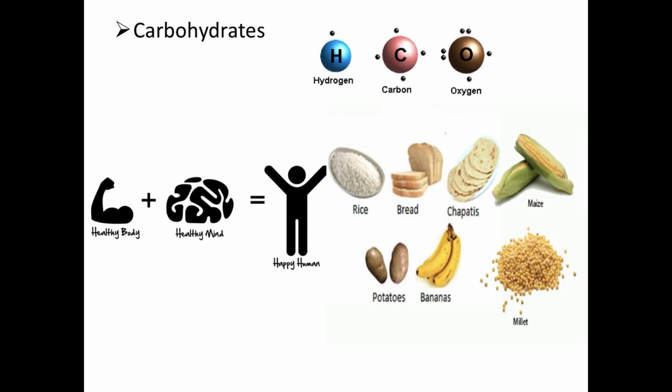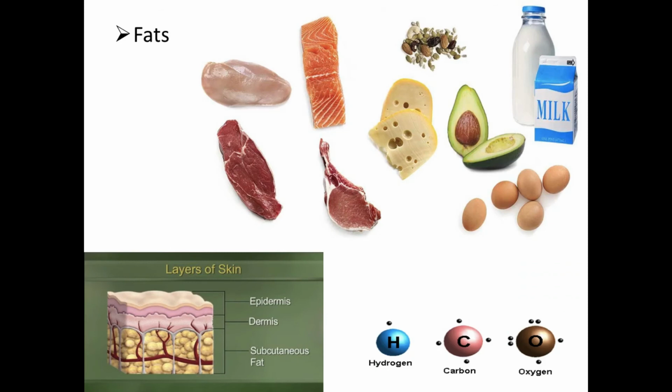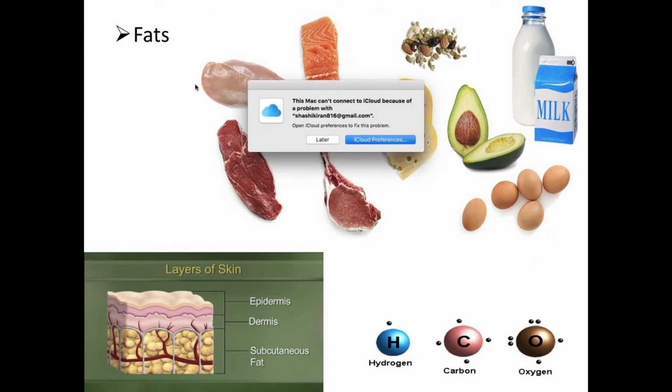The next type of nutrient is fat. Fats are made up of the same three elements, that is carbon, hydrogen and oxygen, of which carbohydrates are made. Then what is the difference between these two, where they have separate names as carbohydrates and fats?